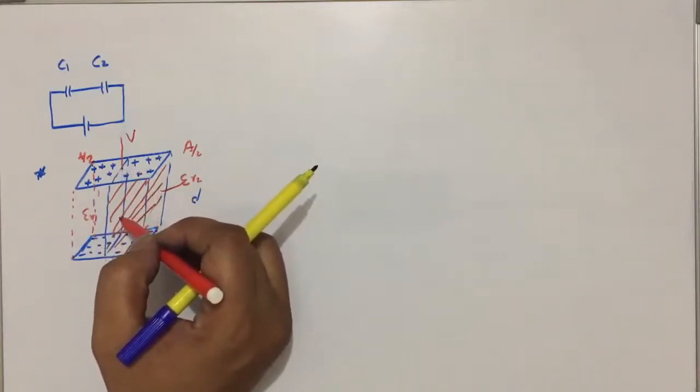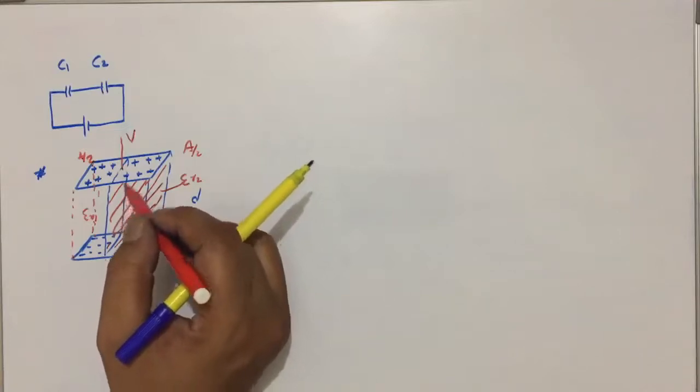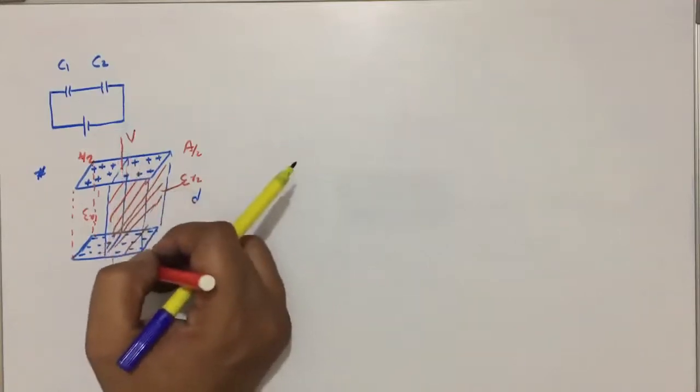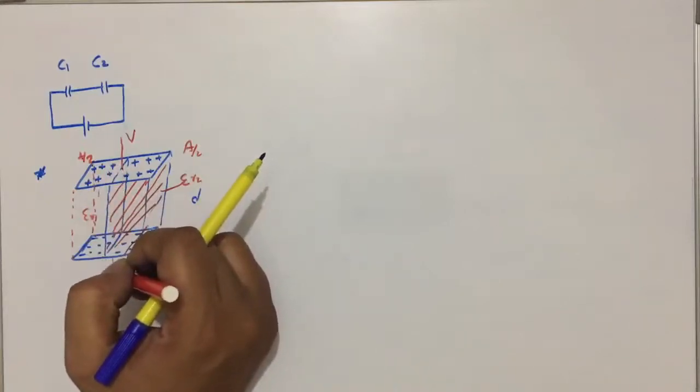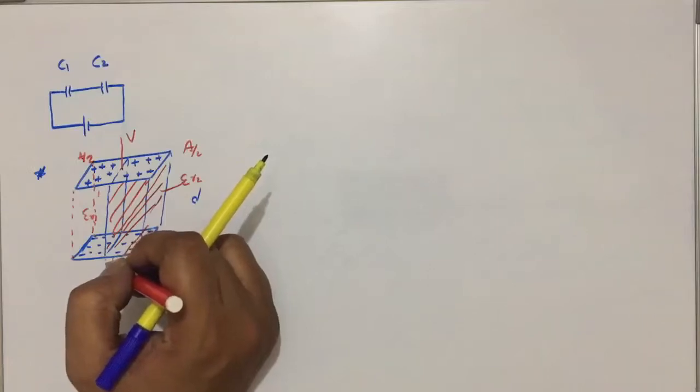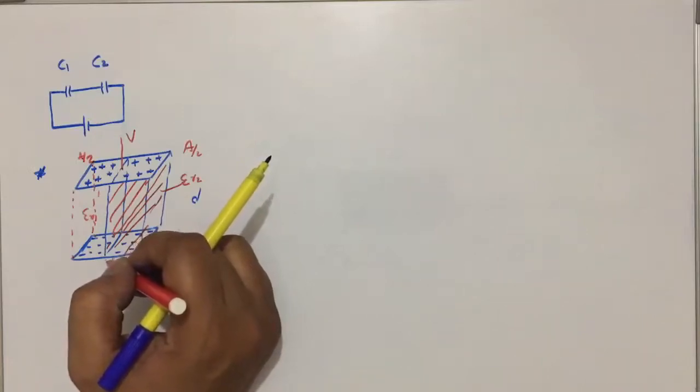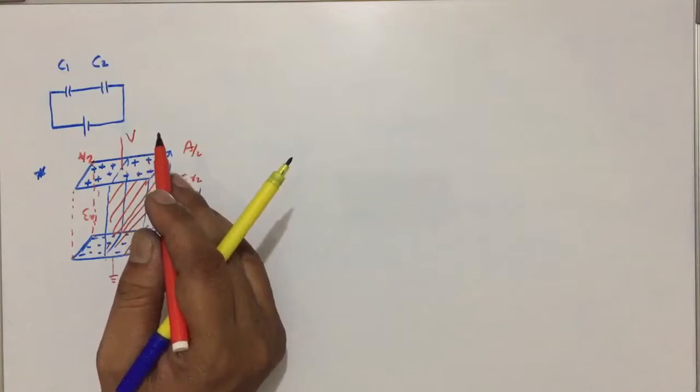So if current division occurs, the potential difference between this and this is V, across this it is V. So potential difference remains same and the current division occurs. It means both are connected in parallel.